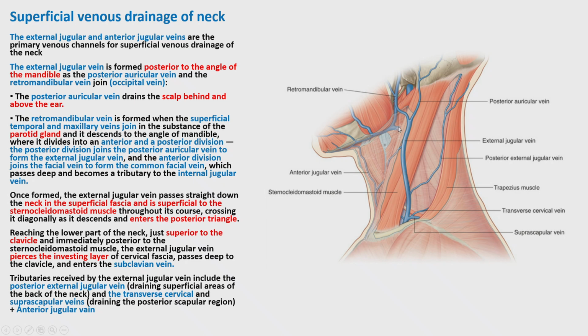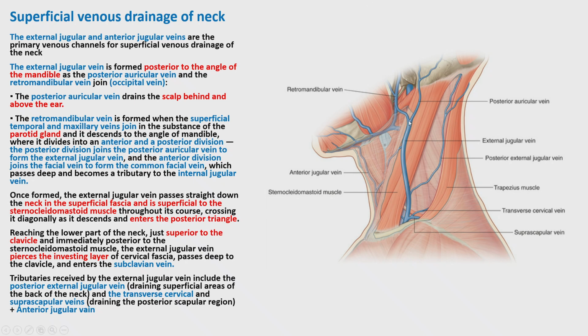And the external jugular vein, if you want to find it in the dissection, you find the sternocleidomastoid muscle, the huge muscle in the neck. Under the skin, on the superficial fascia of the sternocleidomastoid, you can see that external jugular vein. If somebody has thin and whitish skin, you can see the bluish color in the neck region.